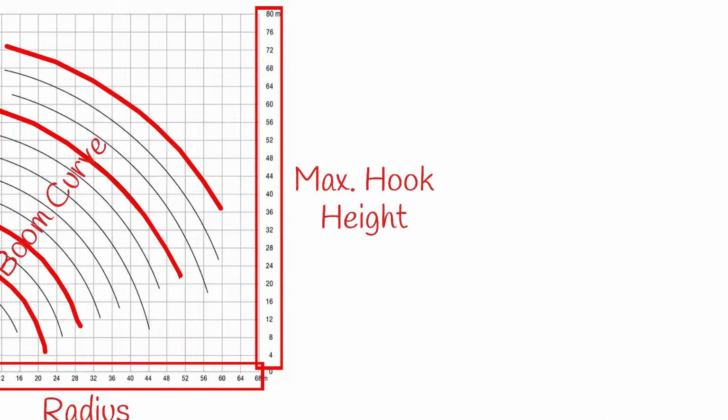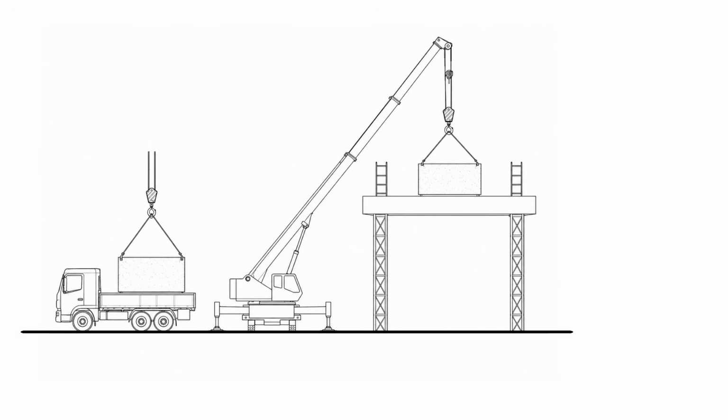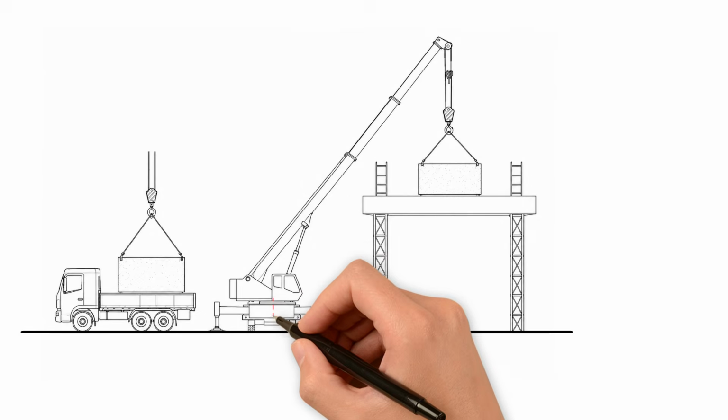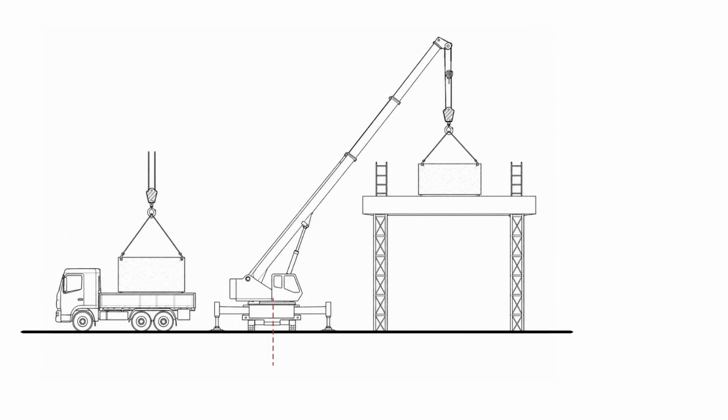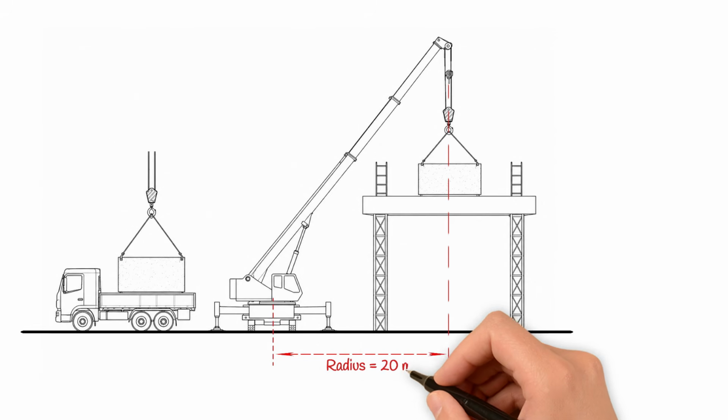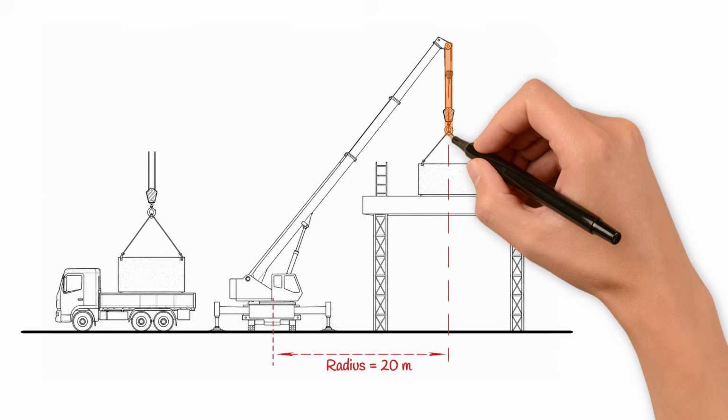Now, let me demonstrate how to use the range diagram with a practical example. Assume the radius from the center of crane rotation to the center of the hook block is 20 meters. Next, let's determine the required vertical height.